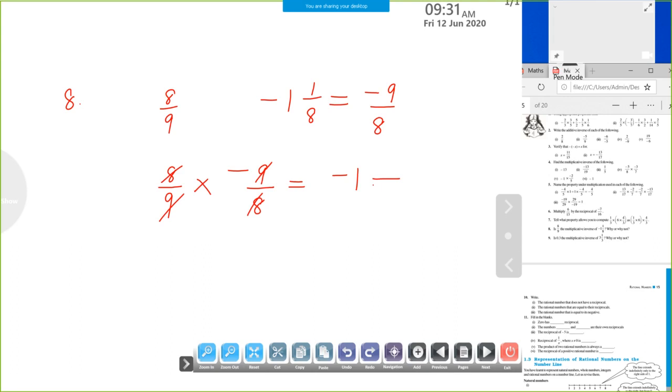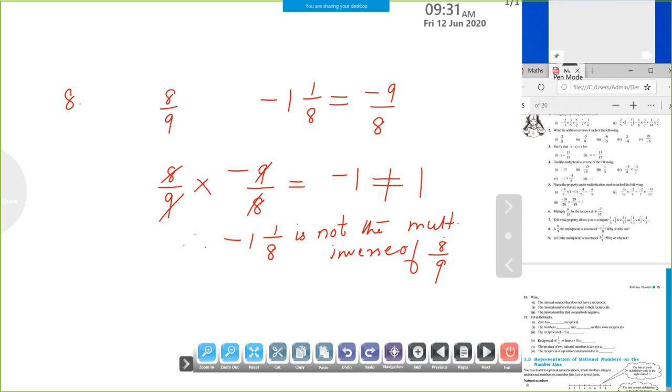So we write here, this is not equal to 1. Therefore, you can conclude that minus 1 and 1 by 8 is not the multiplicative inverse of 8 by 9.